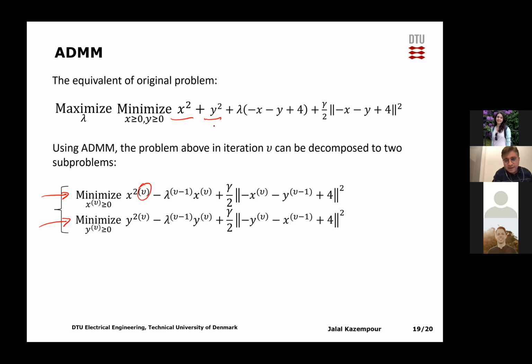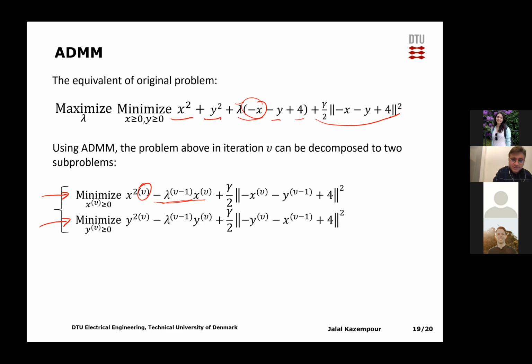This is not a variable anymore, so it's gone. Then from this term, lambda is lambda bar coming from the previous iteration, new minus 1. At the end of iteration new, we will update lambda. Y is fixed, 4 is fixed. The only remaining term is x. So here is minus lambda times x.